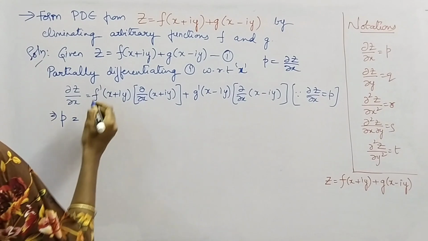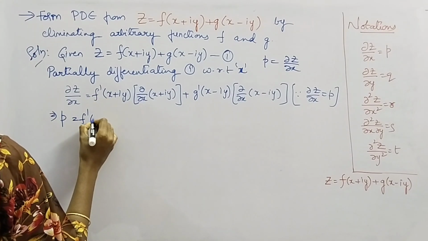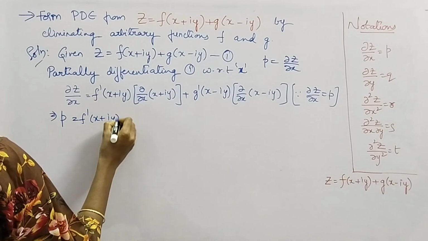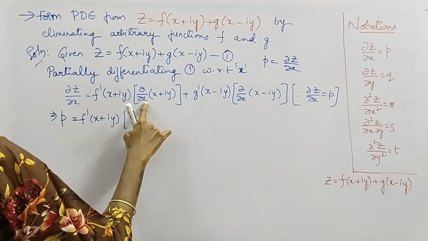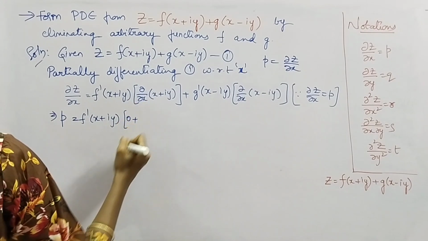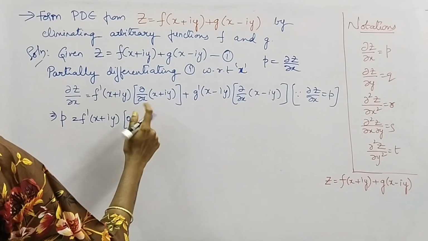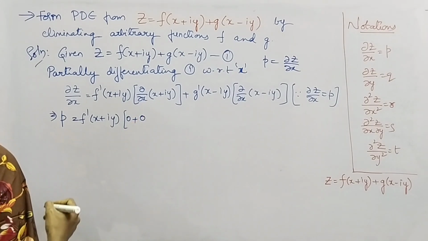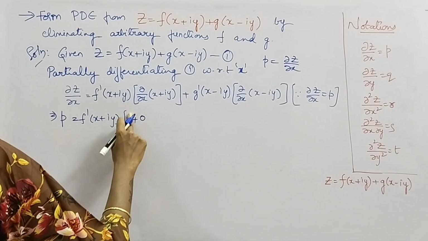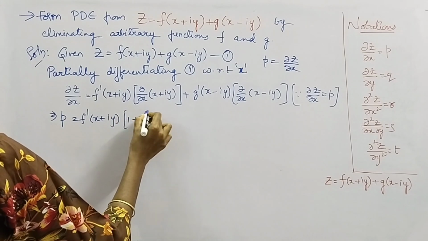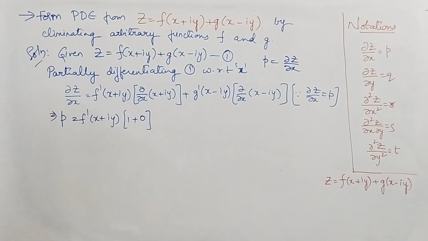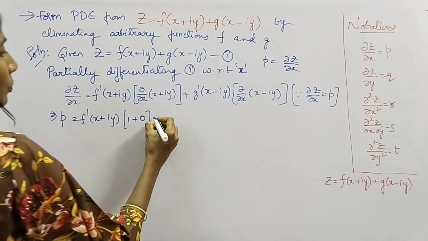Let's use it. This gives us f dash of x plus iy into partial derivative of x with respect to x, which is 1, plus partial derivative of iy with respect to x, which is 0, since y is treated as constant.